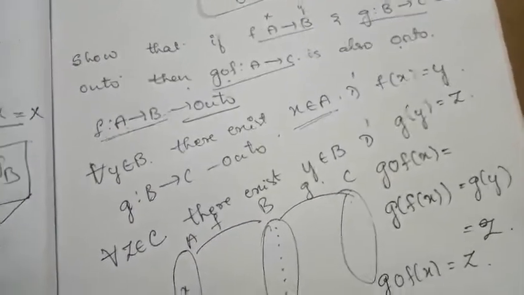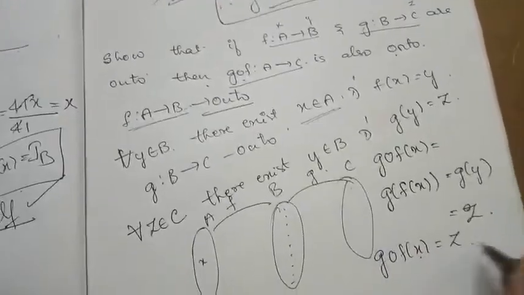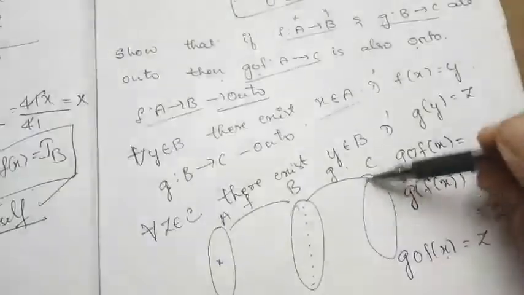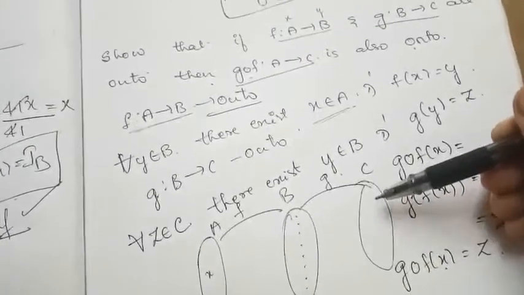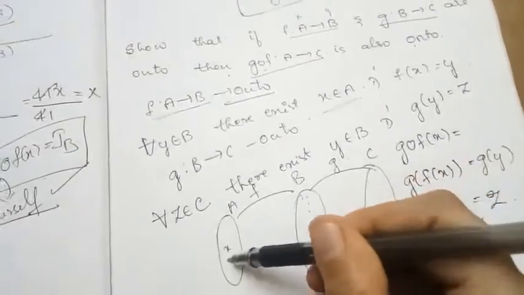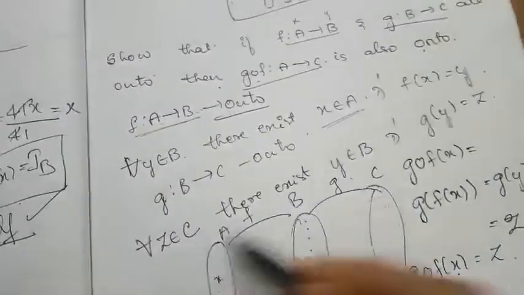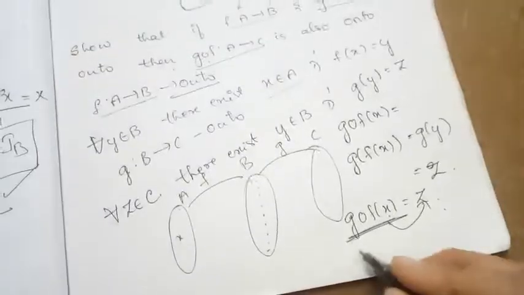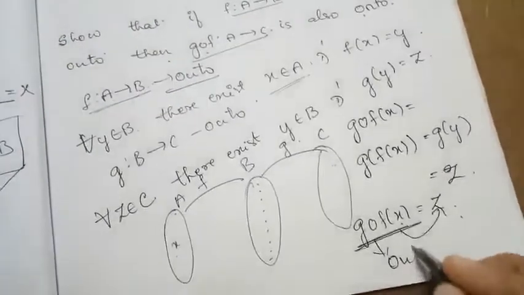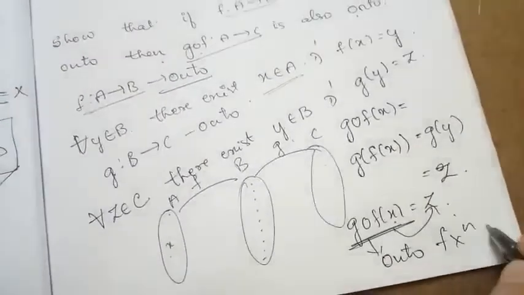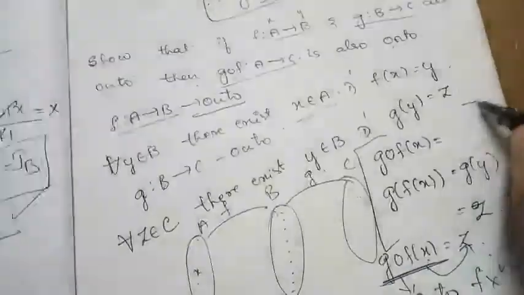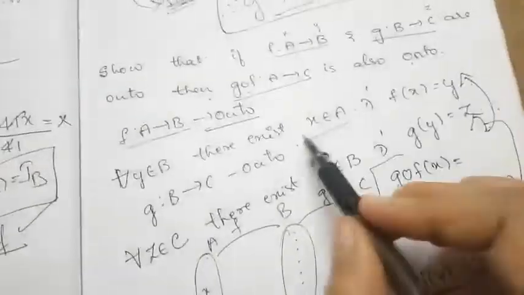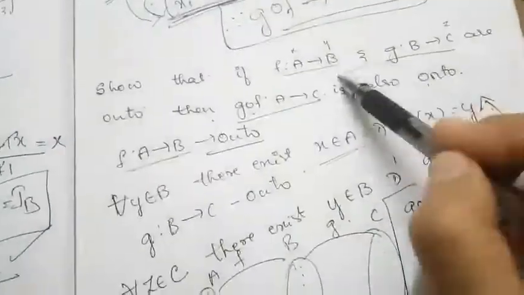So what does the statement say? g of f of x is equal to z means for all z belonging to the set C, there exists x belonging to set A such that g of f of x is equal to z. Therefore GOF is also an onto function. So what we did here was combine the two onto statements from the given data.